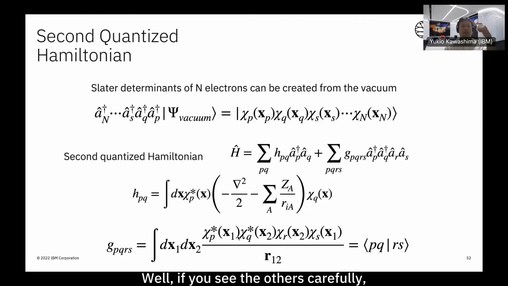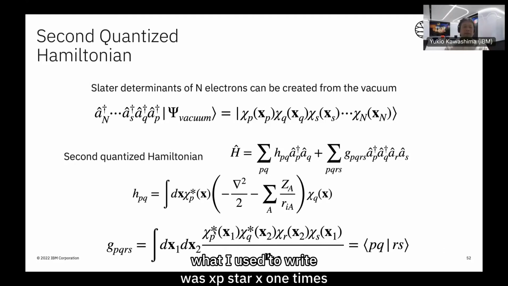If you look carefully, what I used to write was chi_p star x1, chi_q x1, chi_r star x2, chi_s x2.